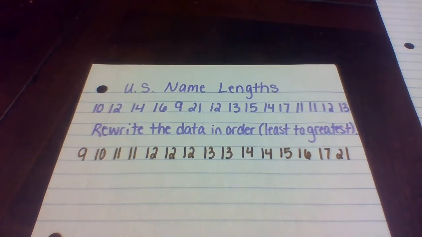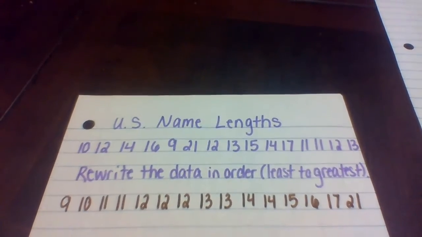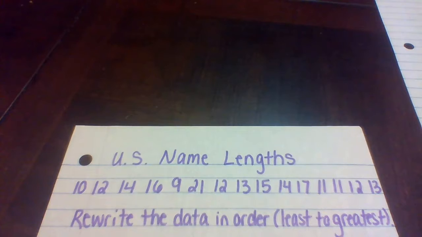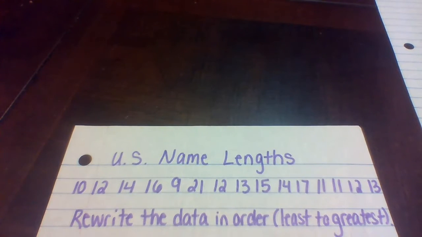First of all, I've just randomly chosen some numbers of US name lengths. So I have 10, 12, 14, 16, 9, 21, 12, 13, 15, 14, 17, 11, 11, 12, and 13.